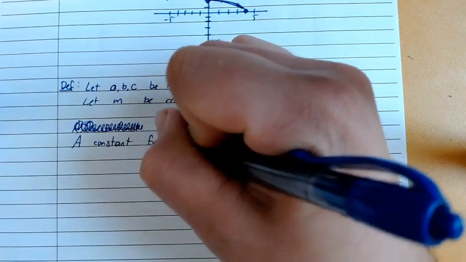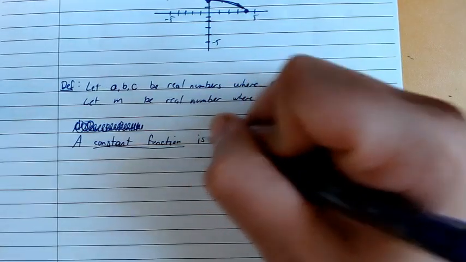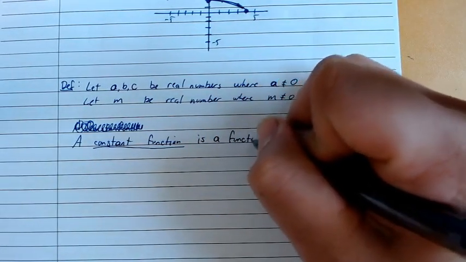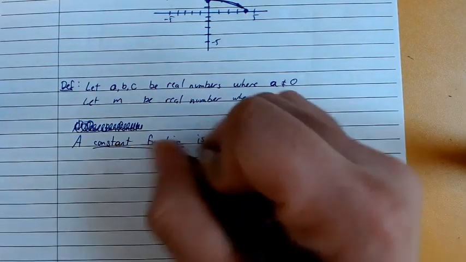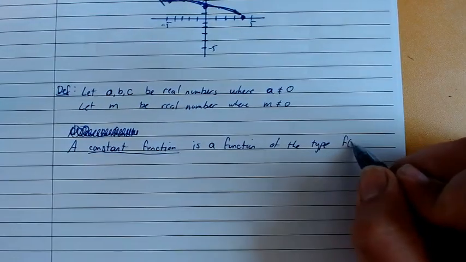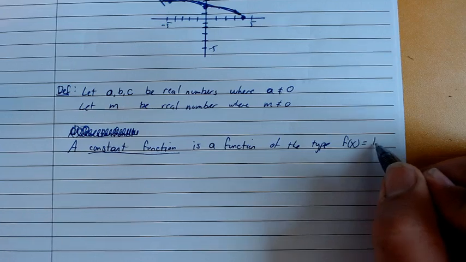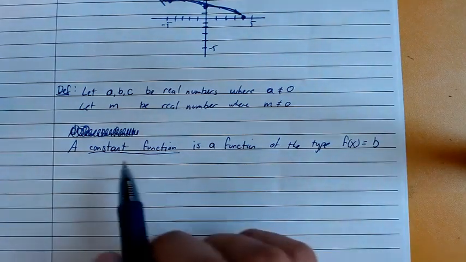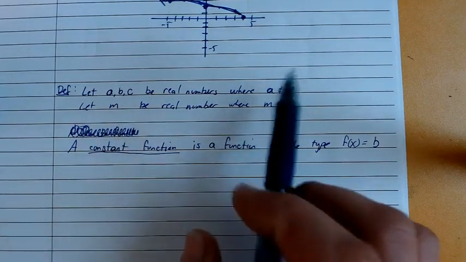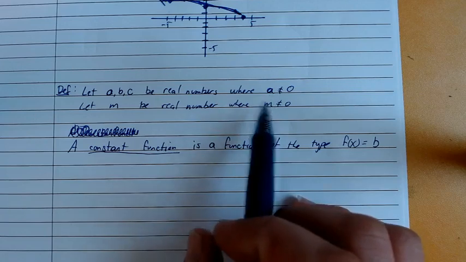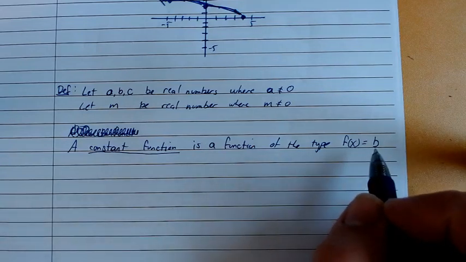A constant function is a function of the type f of x equals b. So here, a constant function is, remember, b is just a real number. It can be anything. It can even be 0. A and M can't be 0, but b can be 0 if you want. Okay, so a constant function is a function of the type f of x equals a constant number.